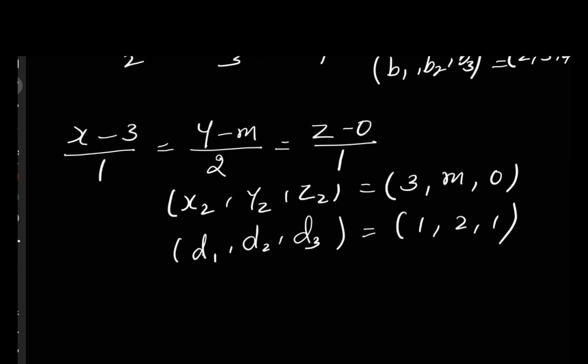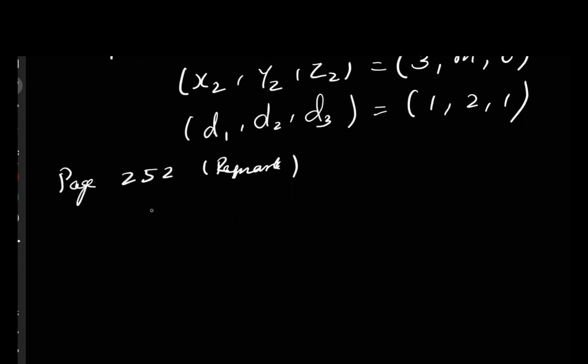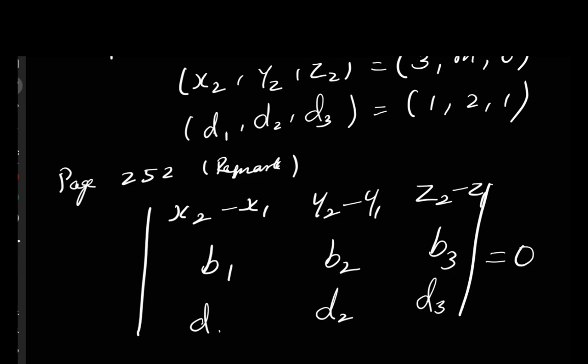Okay. So since the two lines intersect, as given on page 252 in your book, the remark part: since the two lines intersect, the determinant with rows x2 minus x1, y2 minus y1, z2 minus z1; b1, b2, b3 the parallel vector; and d1, d2, d3 is equal to 0.